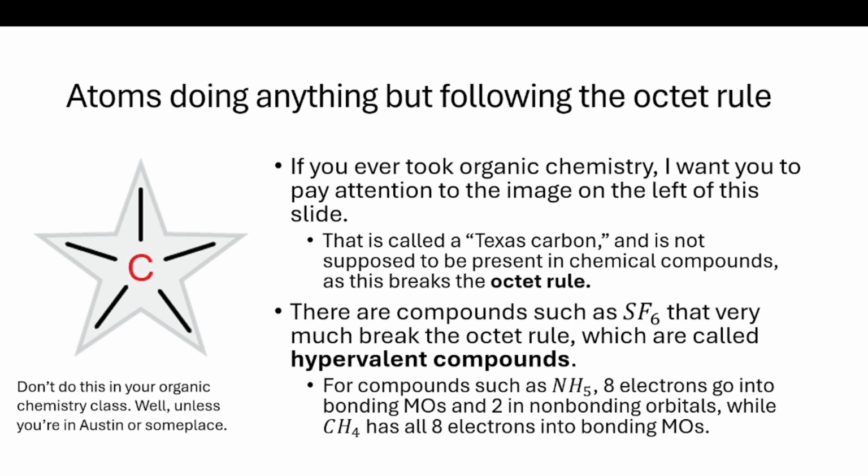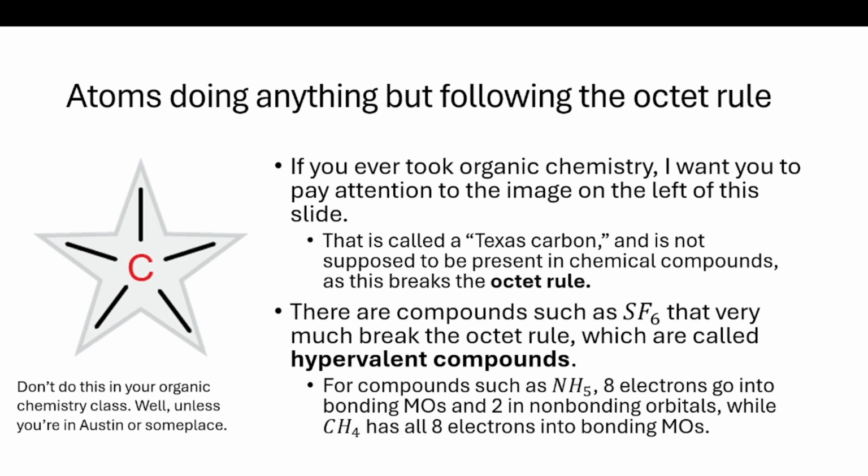Going on about compounds being stable or unstable, I want to talk about hypervalent compounds. If you look at the image to my left, you can see that we have a carbon with 5 bonds coming out of it. You don't want to do this in your organic chemistry class if you're taking it. This is known as a Texas carbon, and it's called that because it forms that little star.